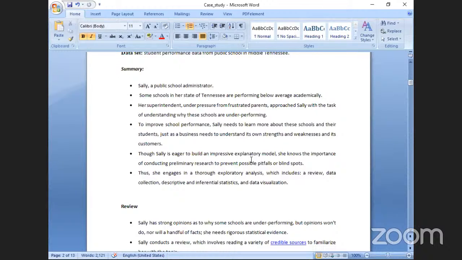Ultimately it has to satisfy the customers and you need to get the customer base. That's what every business model will try to look for. Similarly, Sally also needs to understand the strengths and weaknesses existing in this particular scenario. So that's why she started this analysis.